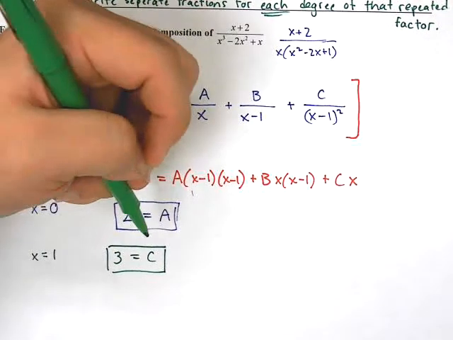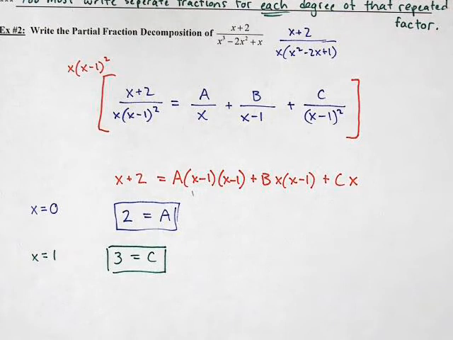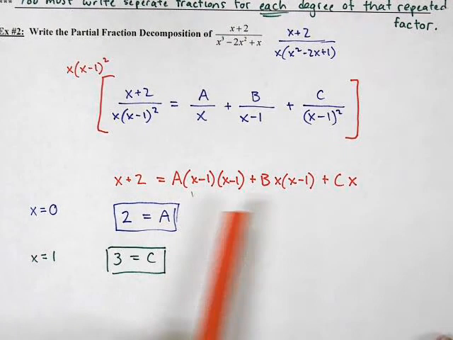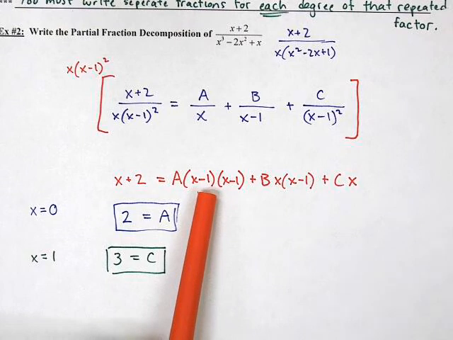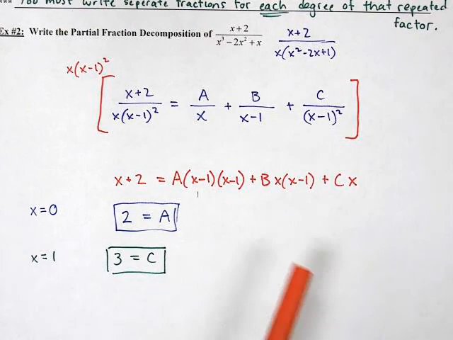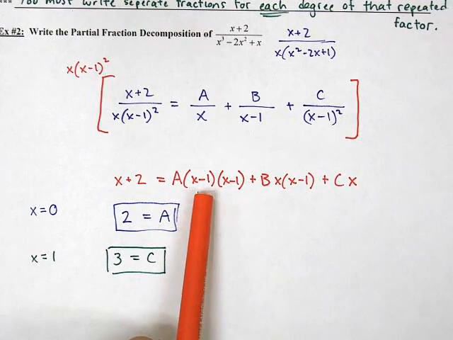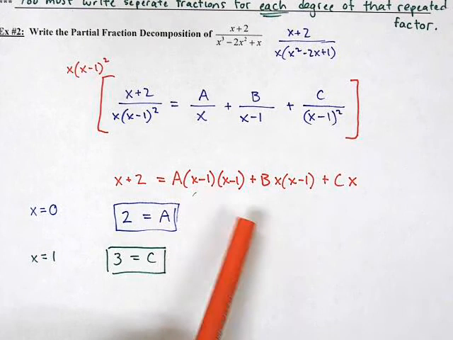All right. Now, for the last one, there's no other factors that I can get to 0, so I really just pick something that's going to be nice. Personally, I would say if I plug in a 2, it'd make it pretty nice because 2 minus 1 is just 1. So it's going to make the calculations kind of easy.